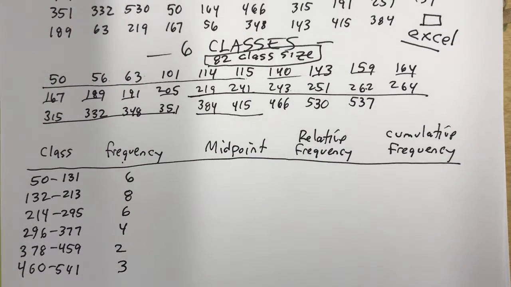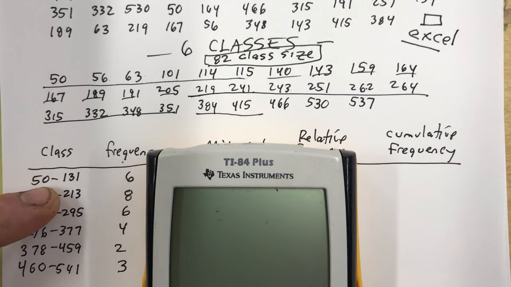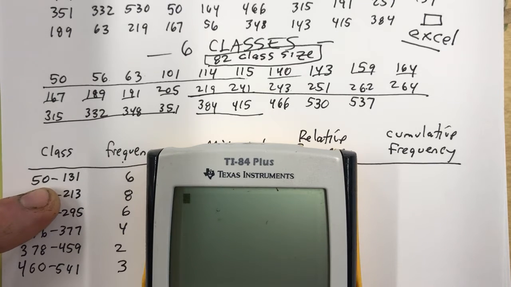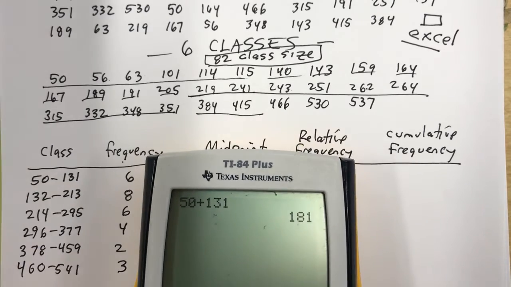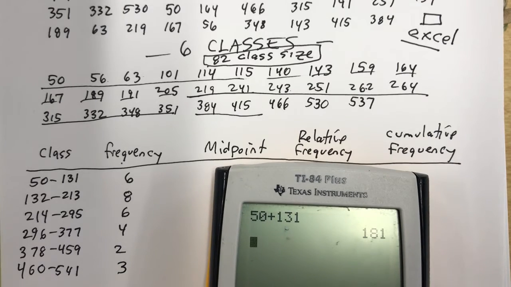Okay. Now, my midpoint. For my midpoint, I'm going to take this right here, 50 plus 131. I'm going to add them together, and then I'm going to divide by 2.